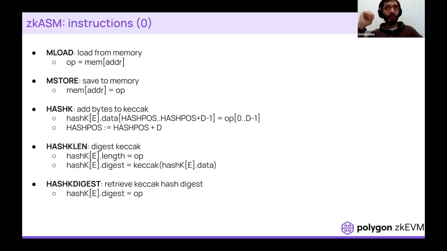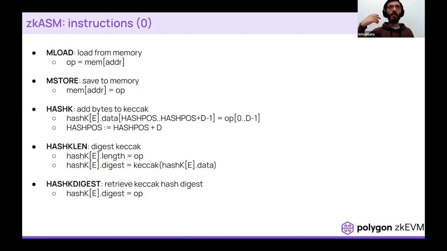So the first instruction is the memory load. It is quite straightforward. You take some value from the memory and you load that into this middle register, the up register. And we will see afterwards that we use this free in, where you can put whatever value you want. But later on there is a state machine behind that assures that this value is okay.